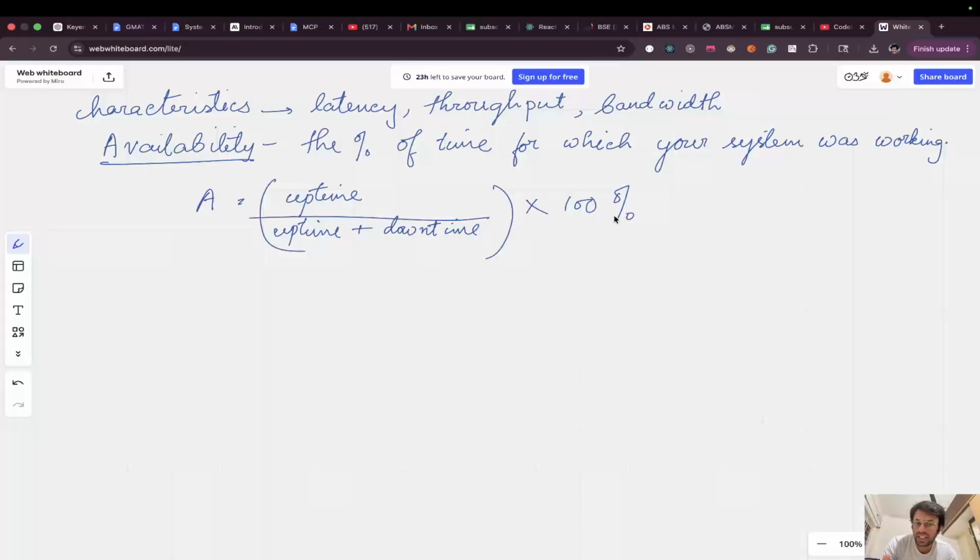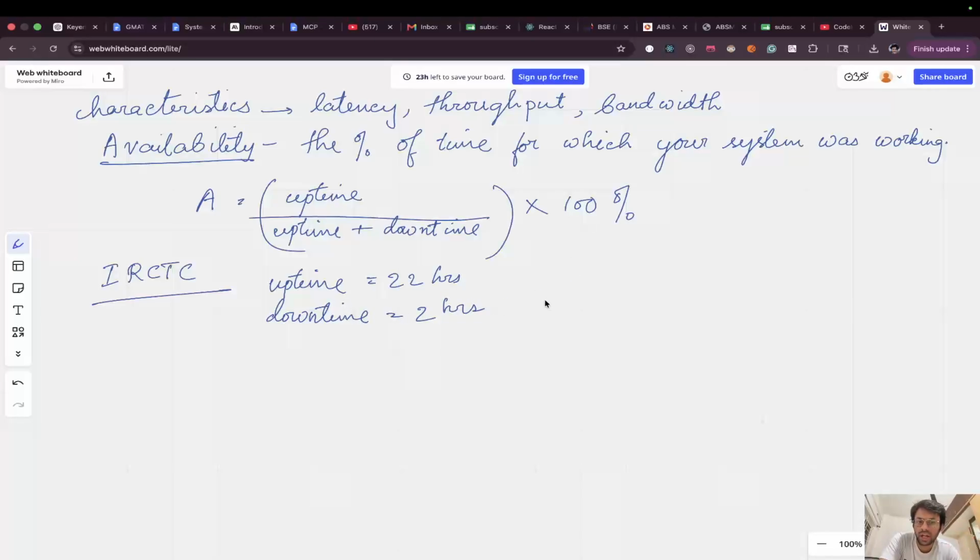All of you might have seen that the IRCTC website remains down for about 1 to 2 hours at night every single day, isn't it? Let's say, I don't remember exactly, that the IRCTC website stays down for 2 hours every day. So the uptime is 22 hours, because every day it stays up for 22 hours. And downtime is 2 hours, because every day it stays down for some maintenance related activities.